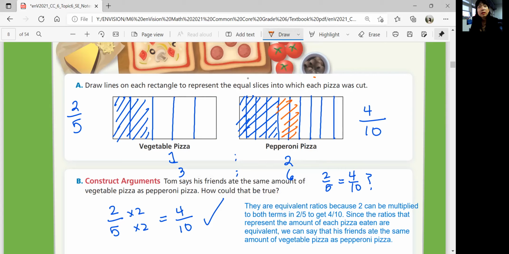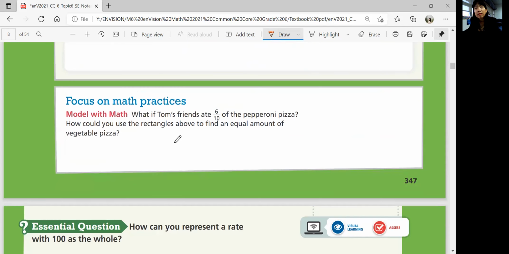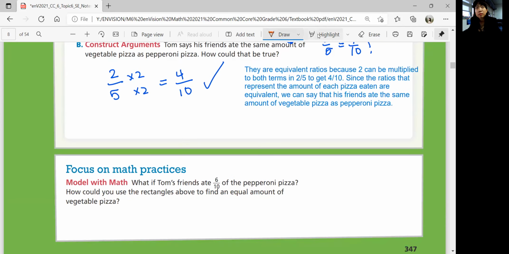And that's gonna be together 6/10. And you can shade another slice for veggie, and that's gonna represent 3/5. Okay, so the equivalent ratio for veggie would be 3/5 if they ate 6/10 pepperoni pizza.